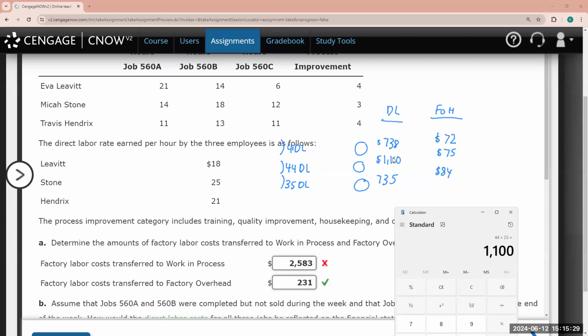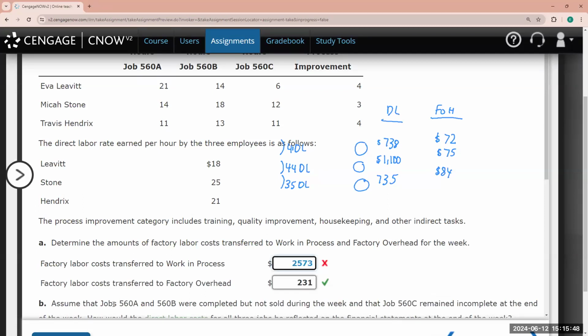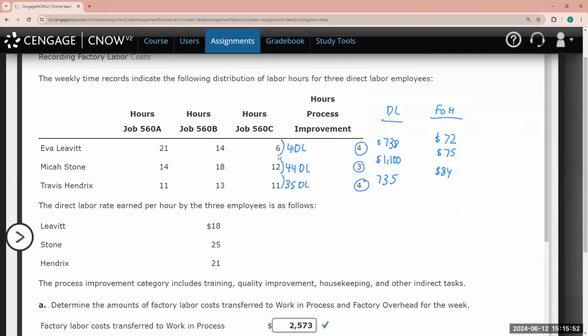Oh, I had it wrong here, so it should be 1,100, so I'll fix that now. So now when we add it, it'll be correct. So 1,100 plus 738 plus 735 gives us 2,570. All right, so that's how we would solve that.